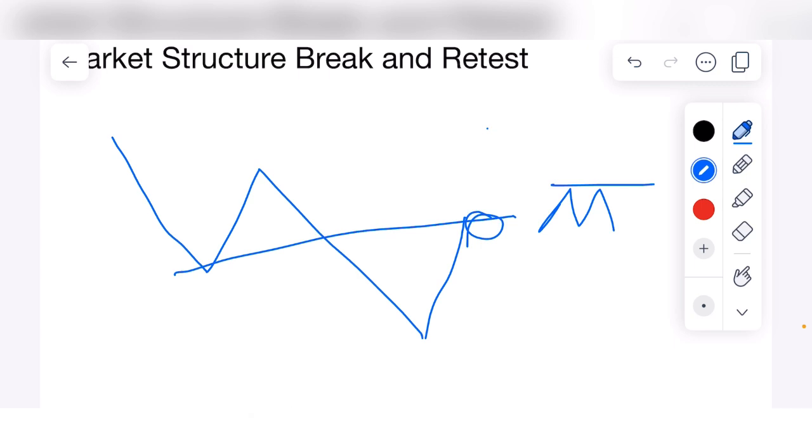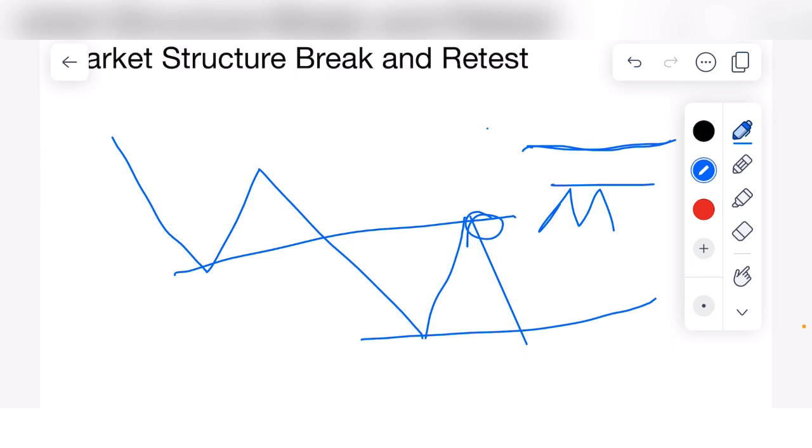Your stop loss must be above the double top, and then your take profit should be at the swing low, or the recent swing low. So this is how the breaks and retest works.